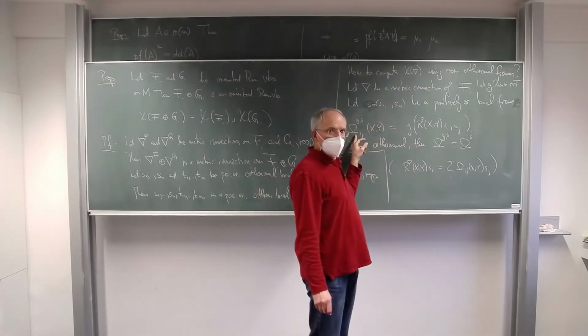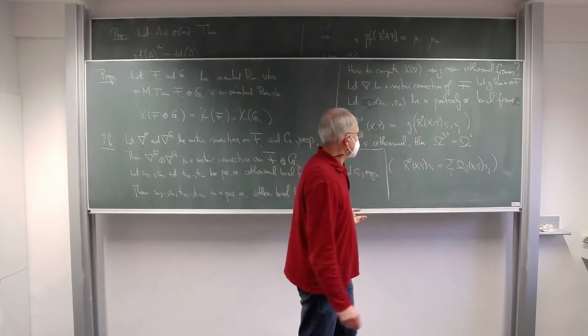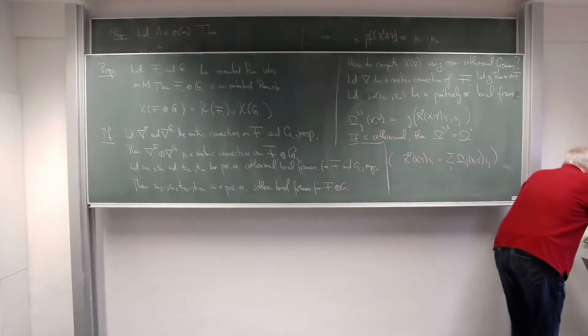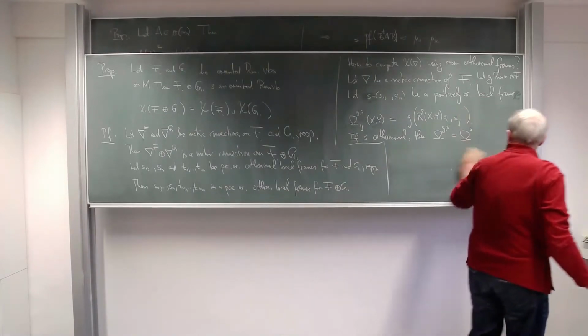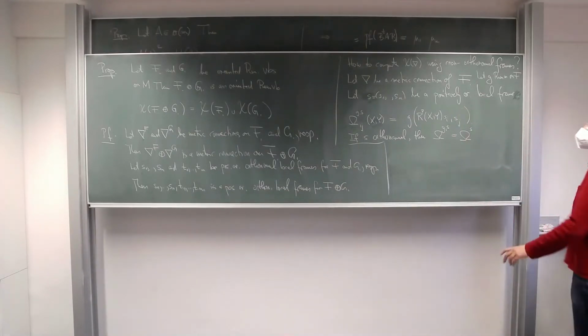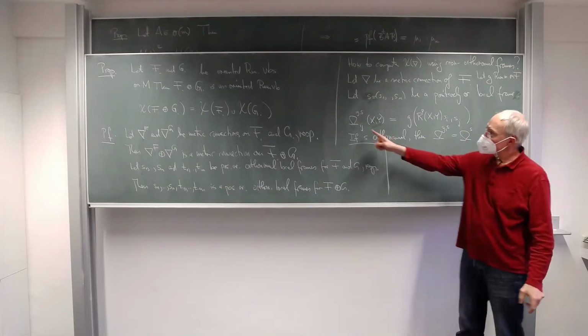What's the advantage of this omega G? It has the disadvantage at first that it depends on the choice of metric, but it has a big advantage, namely, it's always skew-symmetric.